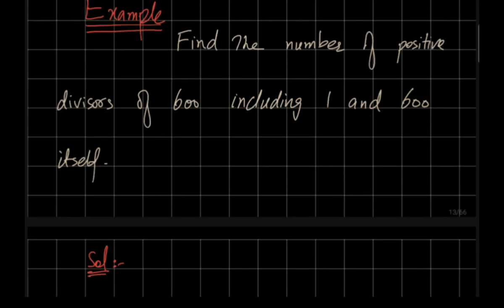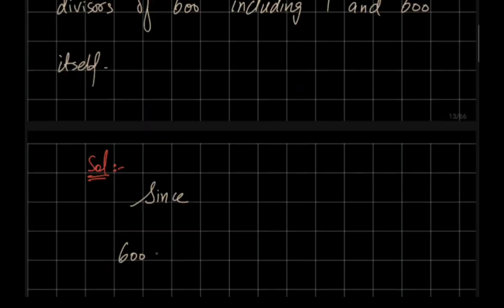In order to find the positive divisors of 600, we first have to factorize 600. You know 600 can be factored in this way: 2 to the 3 times 3 to the 1 times 5 to the 2.